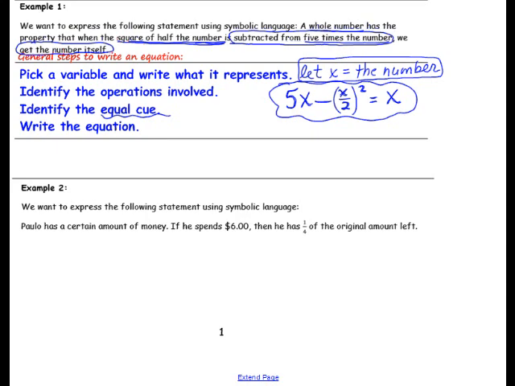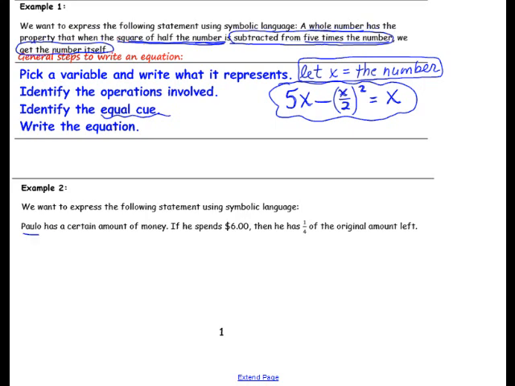Let's take a look at example 2. We want to express the following statement using symbolic language. Paulo has a certain amount of money. If he spends $6, then he has 1/4 the original amount left. Remember that we want to pick a variable and write what it represents.